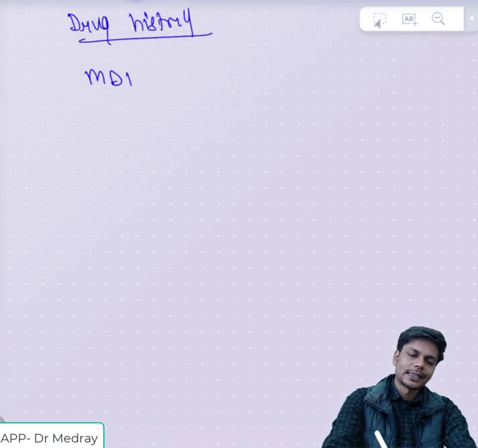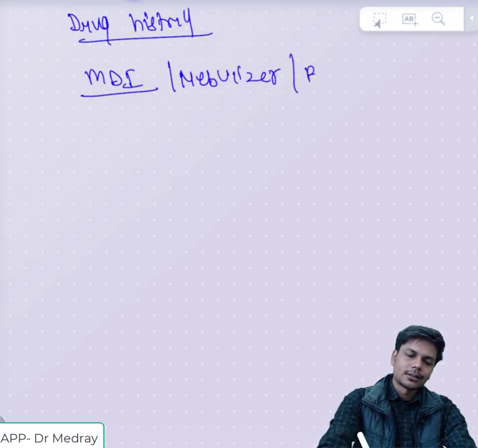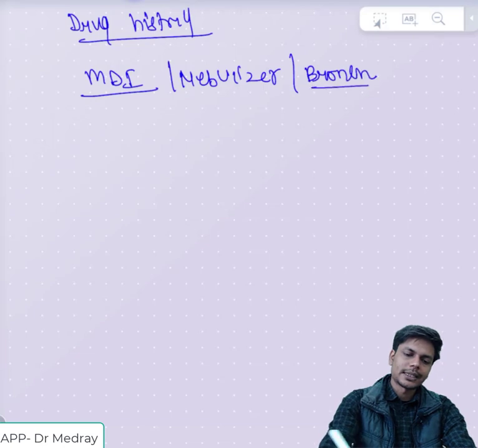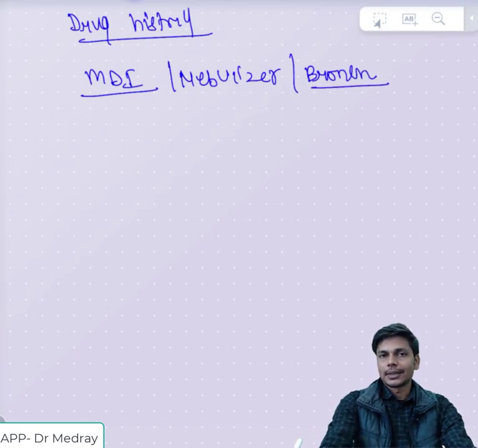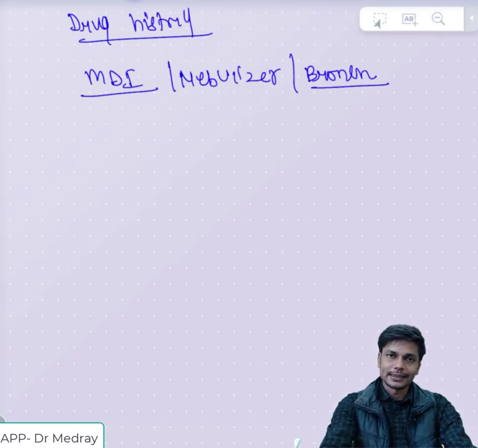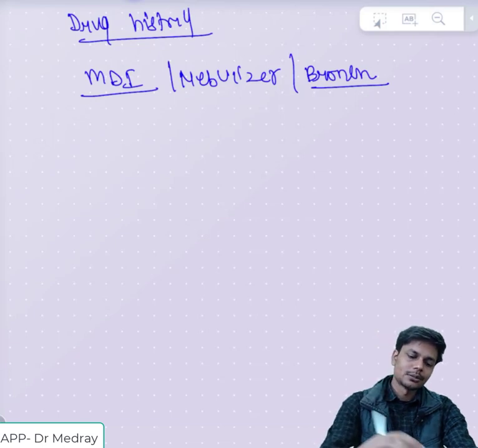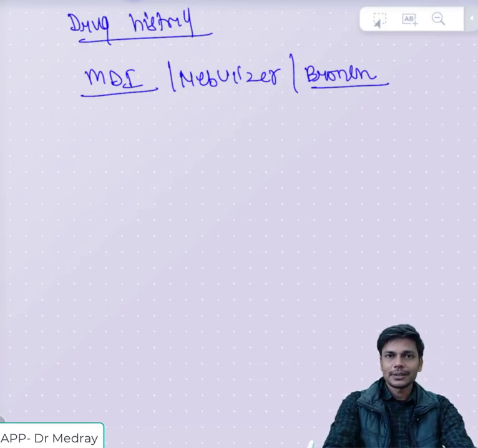Whether the person is taking any metered-dose inhaler, nebulizer, or bronchodilator, then we must suspect the patient is a case of either asthma or COPD.